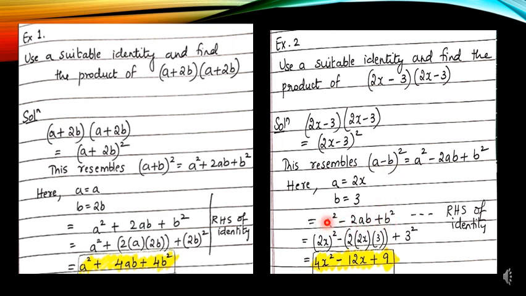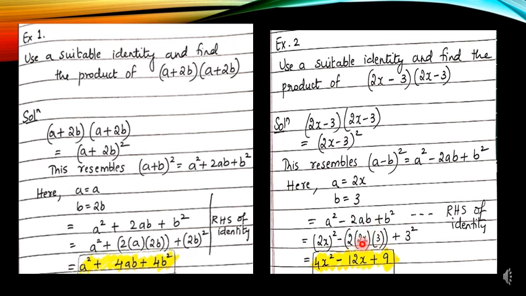A square means a is 2x. So a square will be 2x whole square. Be very careful. Don't write 2x square. Square is for complete a. A is 2x. So a square means it is going to be 2x whole square, minus 2 means as it is you will write 2. A value is 2x and b is 3.